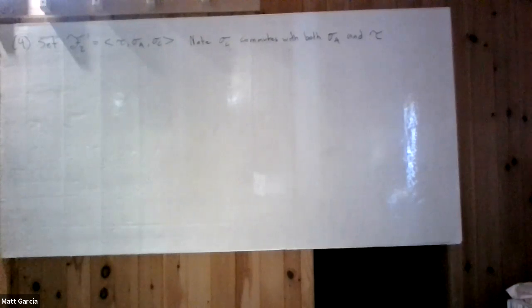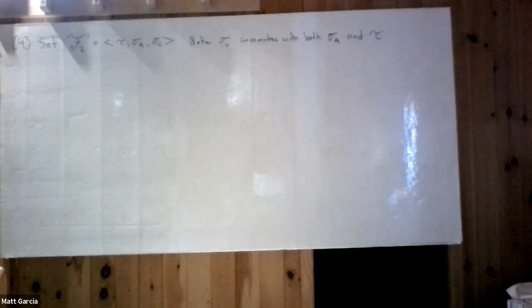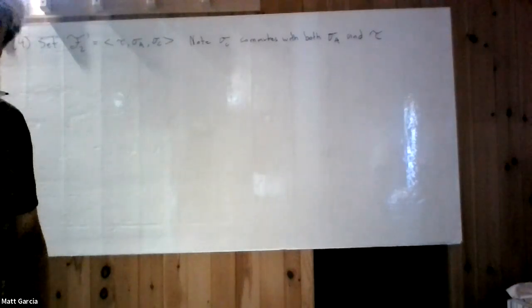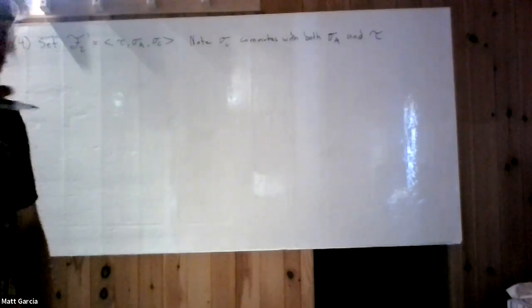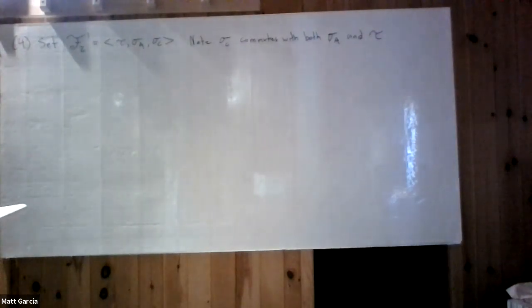Why does sigma C commute with sigma A? Yeah, exactly. A is on C. Right, good. And why does sigma C commute with tau? We just said that in the last possibility, right? Because tau fixes line C and so does reflection in C. So therefore they commute.